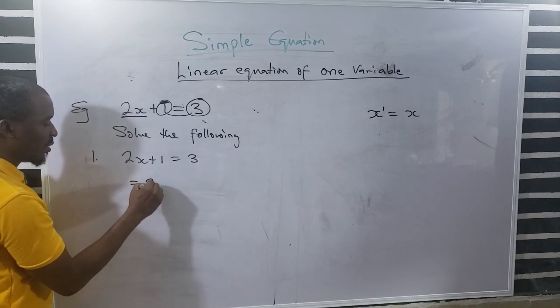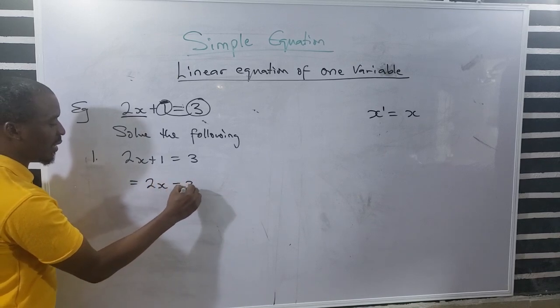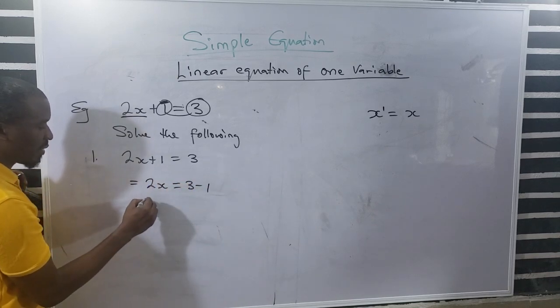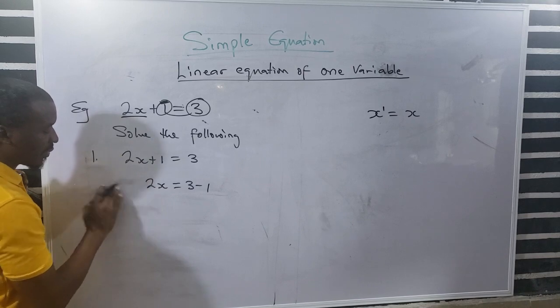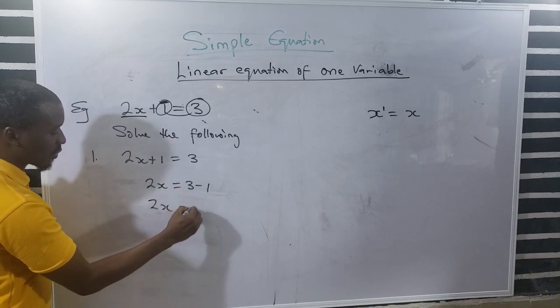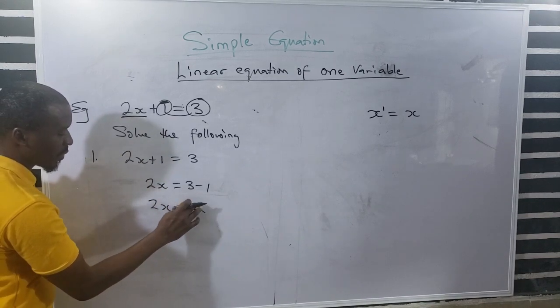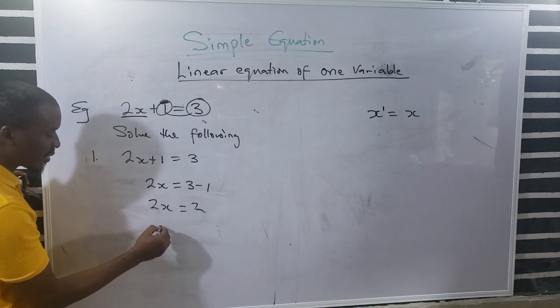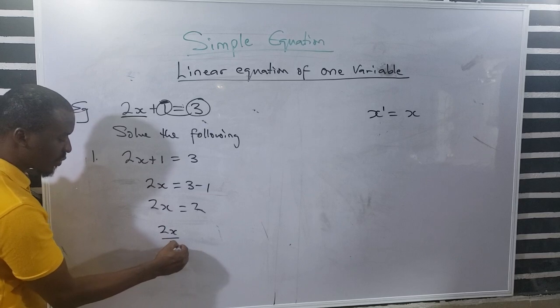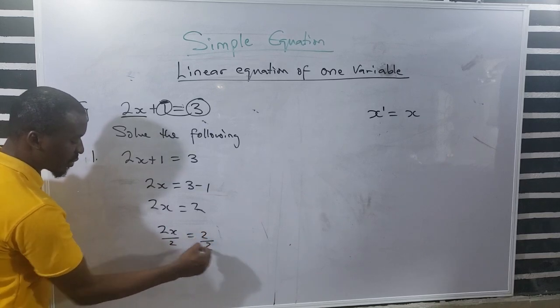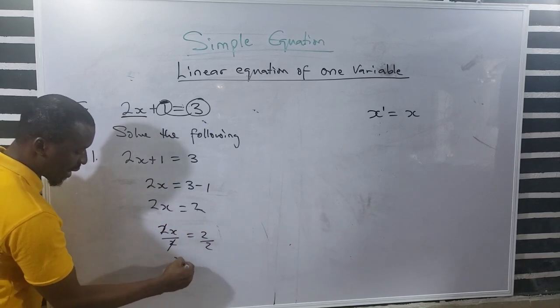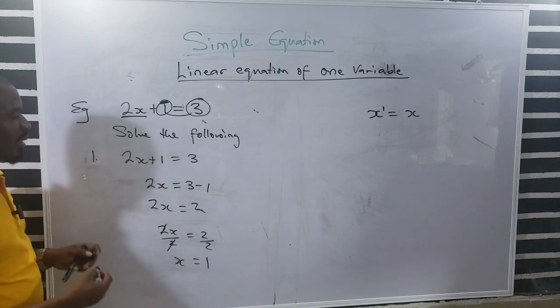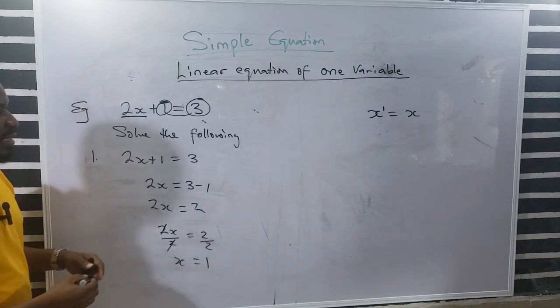That will give me 2s equals 3 minus 1. So that will give me 2s equals 2, because 3 minus 1 will give me what? 2. So divide both sides by 2, 2s over 2 equals 2 over 2. So this and this will go. I have s equals 1. So it's as simple as this.